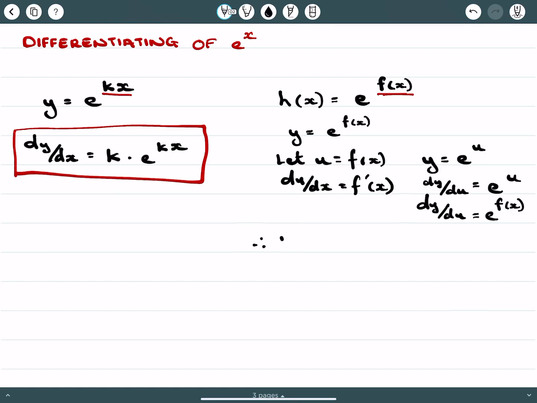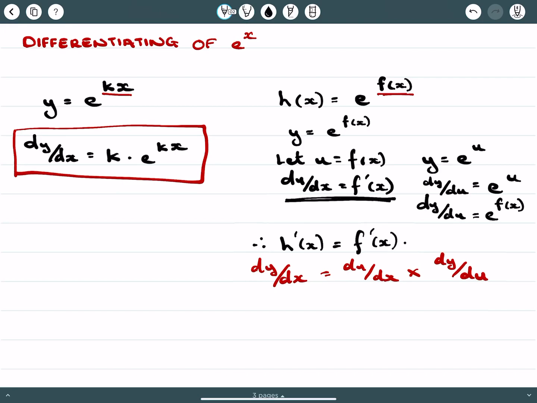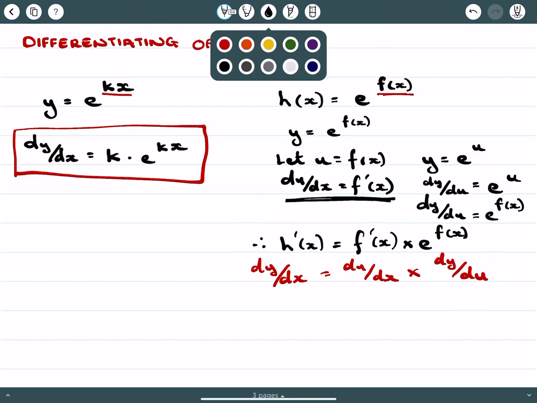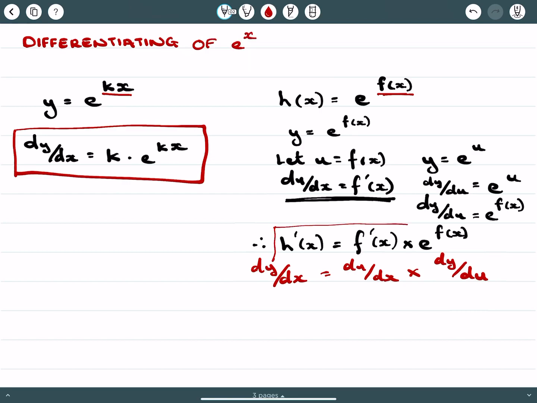Therefore, h dash x, which is also known as dy dx, equals du dx times dy du, which is our chain rule, and is going to equal f dash x, which I've taken from here, times e to the f(x), which I've taken from there as well. And this is a rule that you want to remember when you're dealing with powers that have been raised to e.